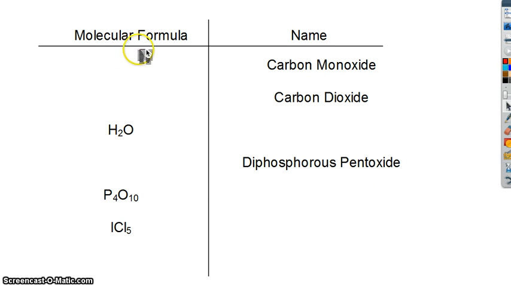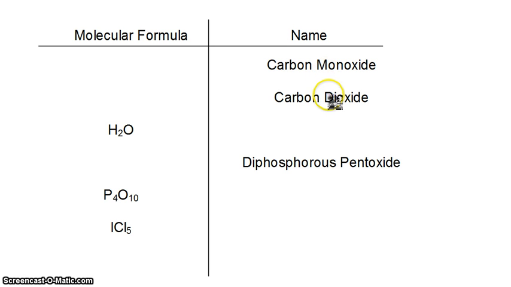So here are some examples where in the left-hand column I've written some molecular formulas, and in the right-hand column I've written some names. The first two are ones that you should have already heard of before. There's carbon monoxide and there's carbon dioxide. Now notice I don't say monocarbon monoxide and monocarbon dioxide. I think people just decided that was unnecessary.